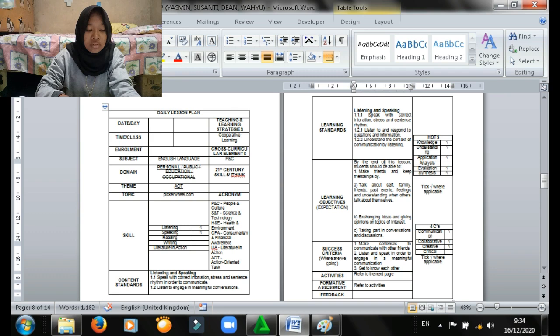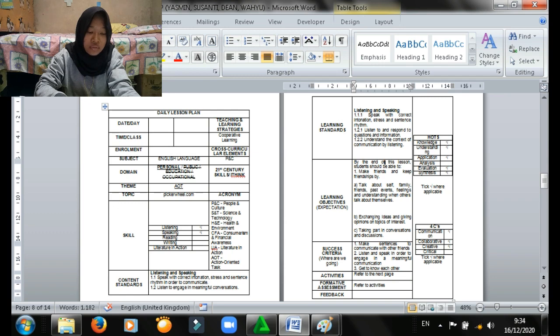The second learning standard is listening: students listen to and respond to questions and information, and students understand the context of communication while listening. In this lesson plan, we also have higher order thinking skills: knowledge, understanding, application, and synthesis.